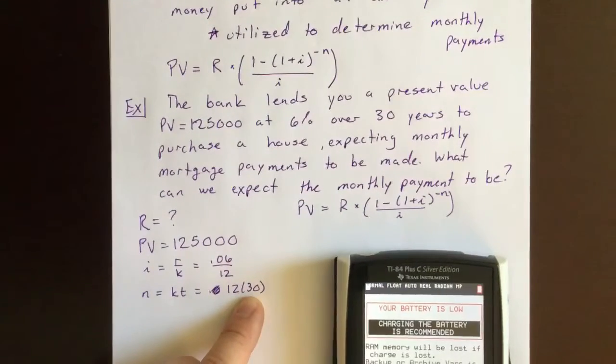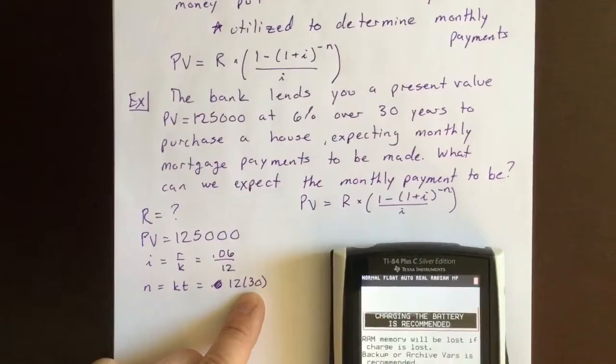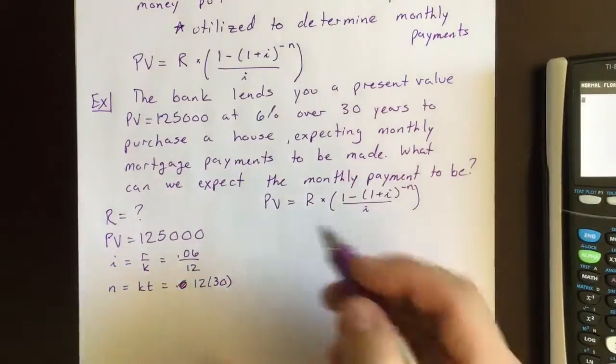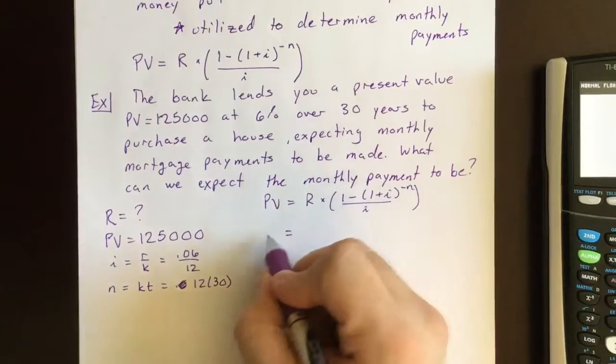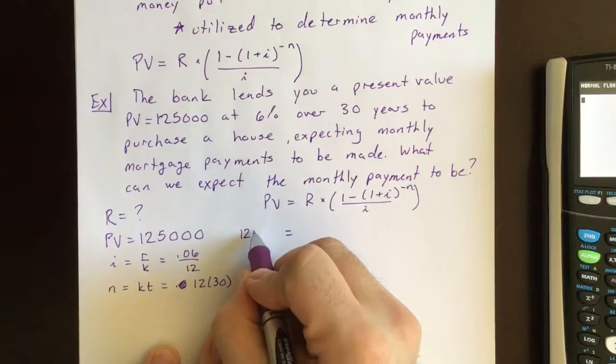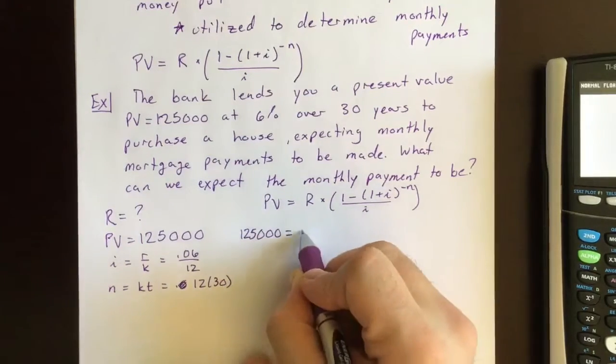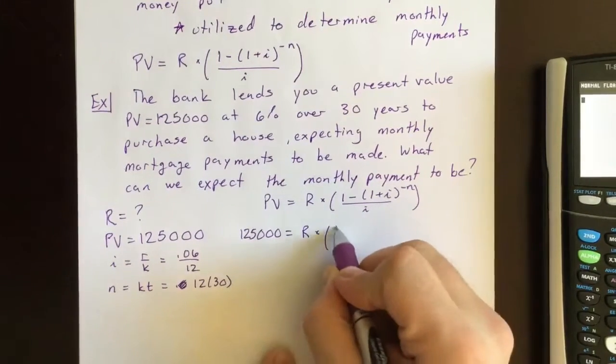Oh, there you go, guys. I didn't realize you couldn't see it. So in this, placing everything in, we know what our present value is, 125,000.